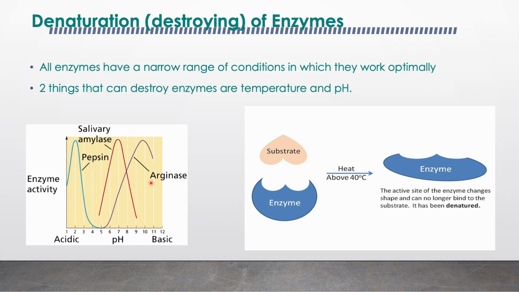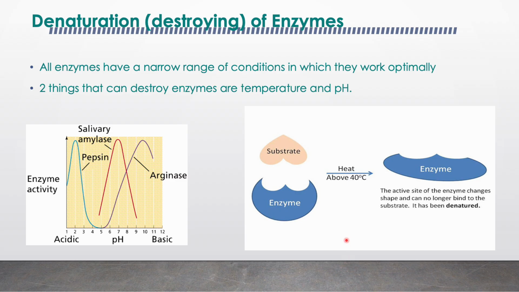And then the arginase, it likes to work around a pH of about 9.5. So if you get, again, outside the range of where the enzyme can work, they will destroy them. It changes the shape of the enzyme.